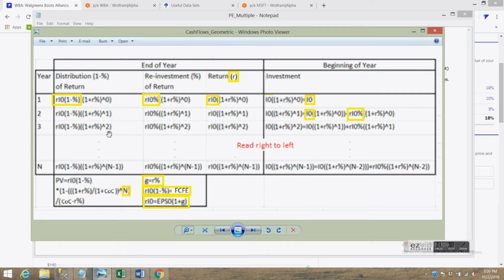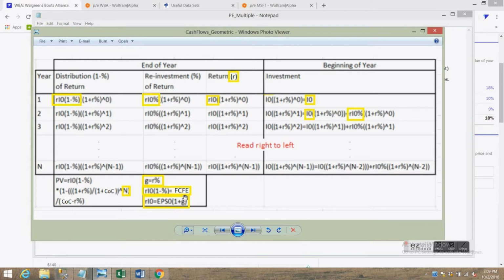So it starts off to the 0th, to the 1st, to the 2nd, and all these columns, whether you're talking about the total investment at the beginning of the year, the return that you earn that year, the reinvestment, or the distribution, they're all increasing year over year by a common growth term of 1 plus R %.